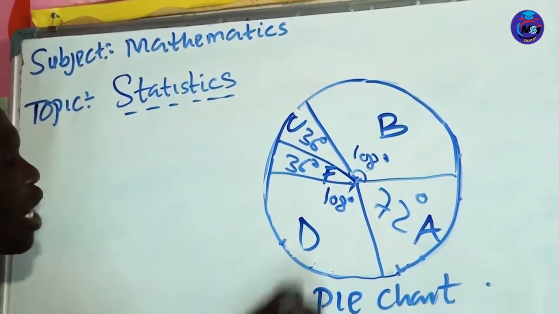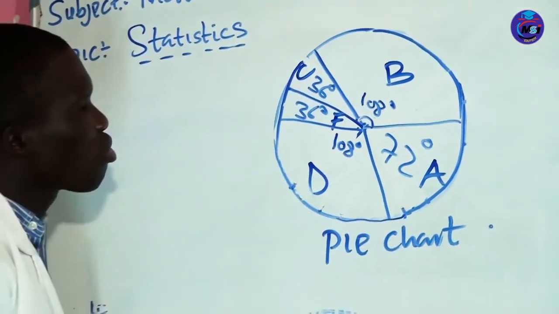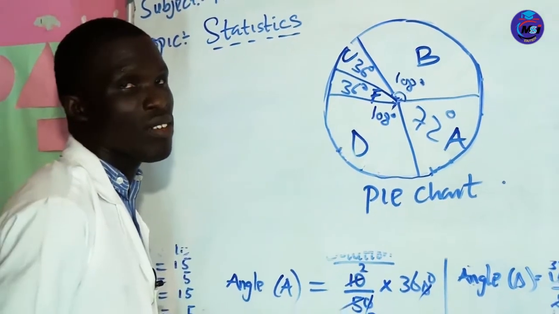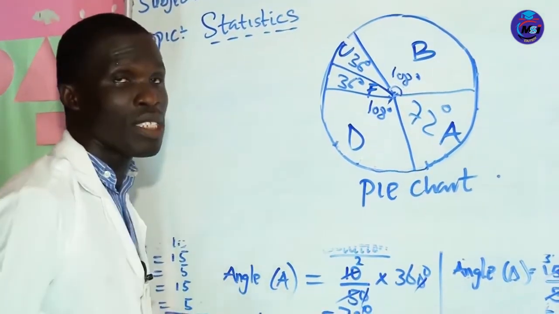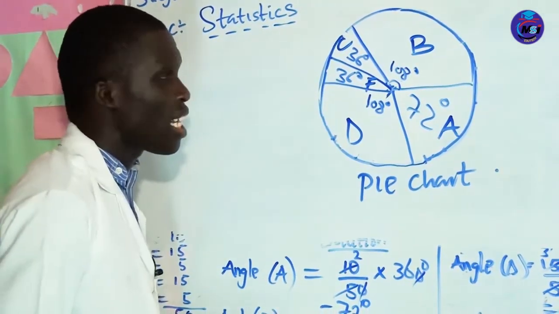Now if you add these angles together, you are going to get 360 degrees. If you cannot get 360 degrees, that means your answer is wrong.